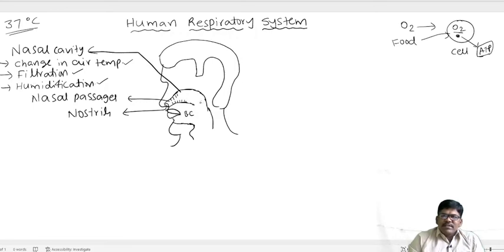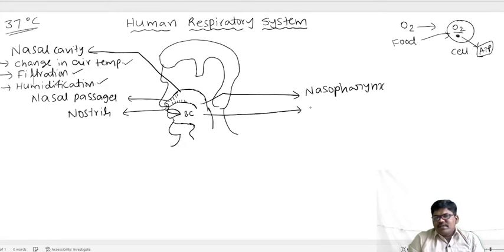Here, the first part of the pharynx is the nasopharynx. The nasal cavity opens into the nasopharynx. In the nasopharynx, we can see only transportation of air. Then the second part of the pharynx is the oropharynx.